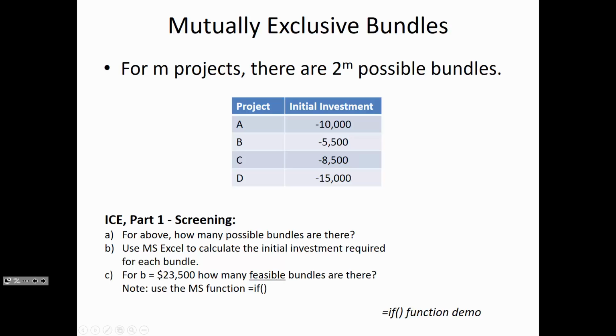But what this bullet point says here is that if you have m projects, there are 2 to the m possible bundles. So we have 1, 2, 3, 4 projects. And so what this is saying is that there are 2 to the 4th power possible combinations, meaning there can be A, that's one grouping possibility. There can be B, there can be C, and D. So there's 4 out of the 2 to the 4th.